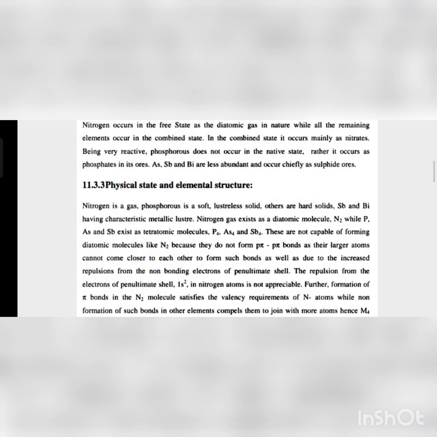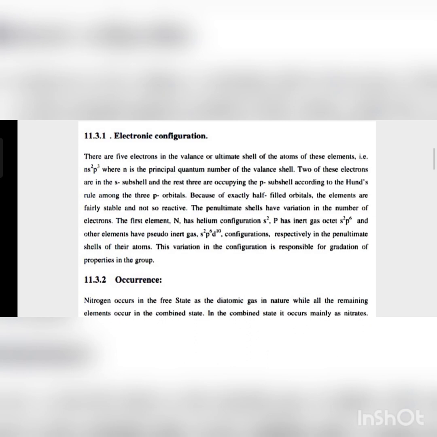P4, As4, and Sb4. These are not capable of forming diatomic molecules like N2 because they do not form pi bonds as their larger atoms cannot come closer to each other to form such bonds, as well as phosphorus has inert gas octet s2 p6 and other elements have pseudo-inert gas s2 p6 d10 configurations, respectively, in the penultimate shells of their atoms.